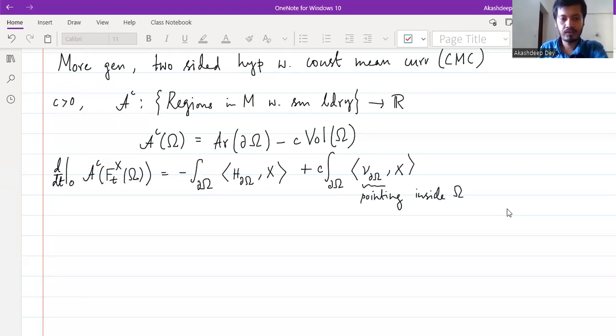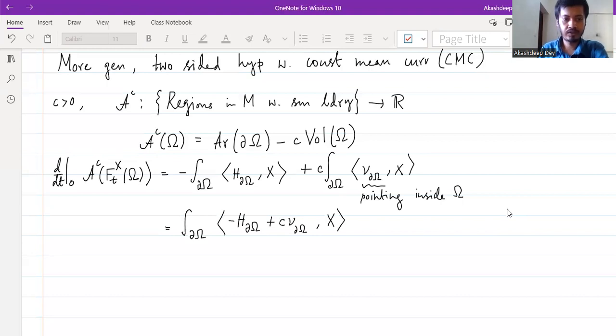So if we rearrange this, we get integral over the boundary of omega of inner product minus mean curvature plus c times nu comma X.